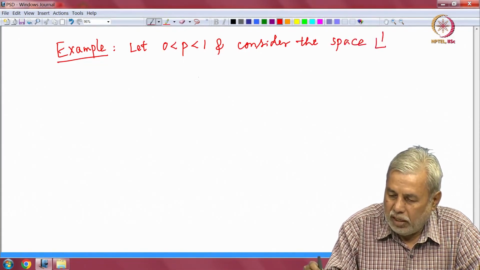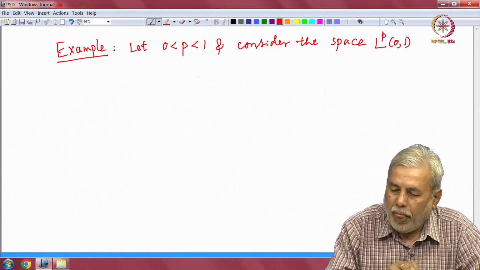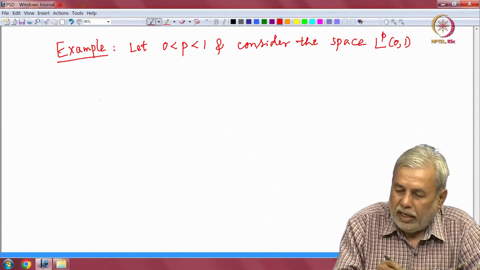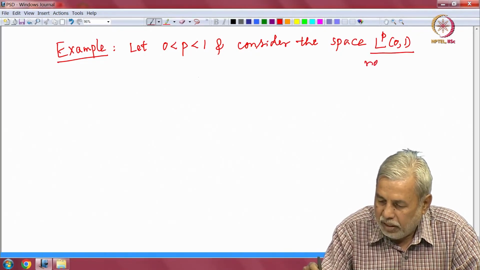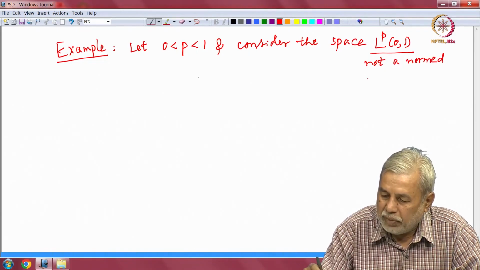So, these are measurable functions defined on the interval (0,1). Okay. So, here it is not a normed linear space. Of course, it is a metric space, not a normed linear space.